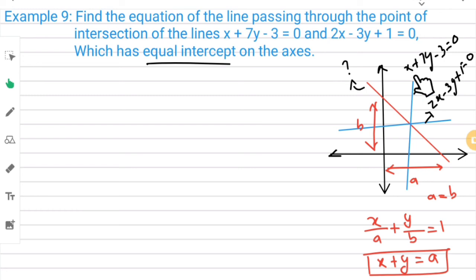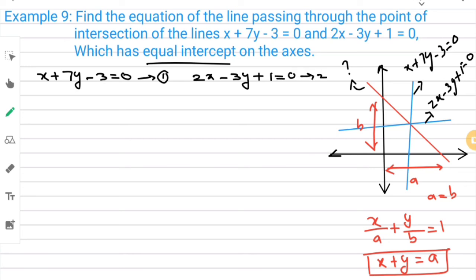We are going to use the elimination method to find x and y from these two equations and substitute over here to find the value of a. For that, I am taking x plus 7y minus 3 is equal to 0 as equation 1, and 2x minus 3y plus 1 is equal to 0 as equation 2.